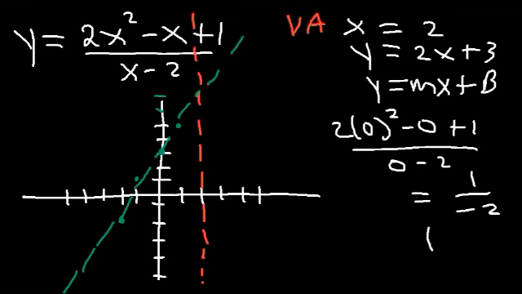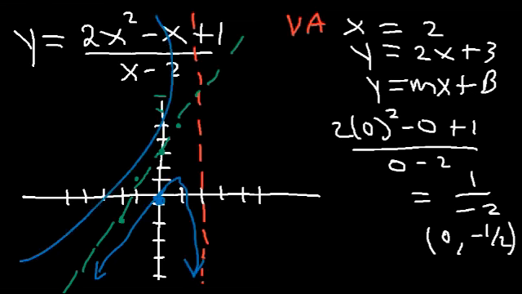So we have the point (0, negative 0.5), which is somewhere in this area. So therefore, we could say that the graph is going to look something like this. It's not going to be in this area. It's going to be below the slant asymptote.